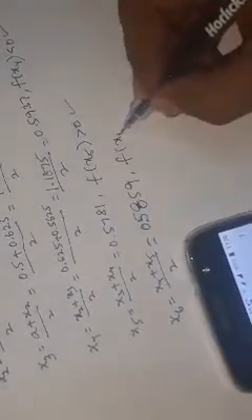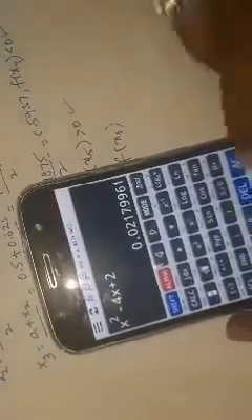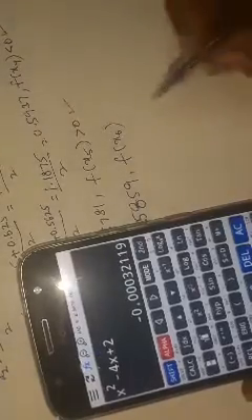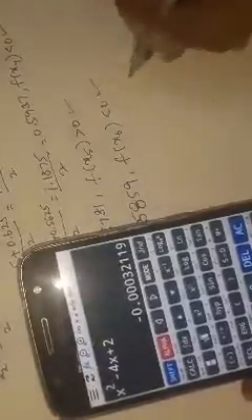For f of x6, again enter CALC, 0.5859, which gives a negative value. So mark this one and cancel the previous negative value. That means the root lies between x5 and x6.